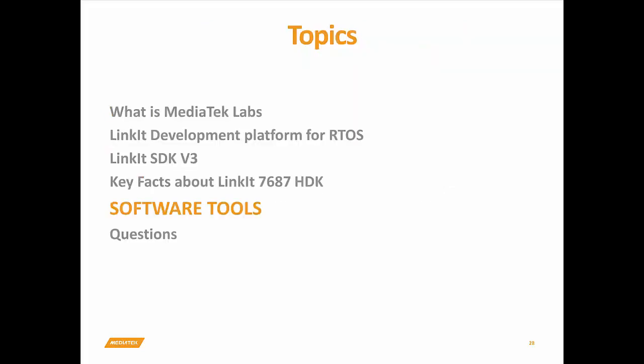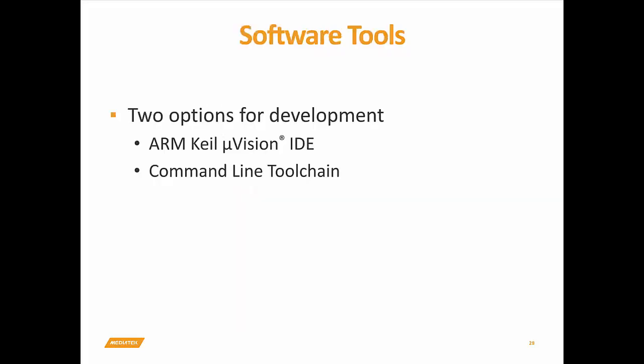Right. So let's see what kind of software you could use to program your HDK to create your project. We have two options for development. The first is ARM. We have a plugin for the ARM Keil MicroVision IDE. We are aware that not everybody uses this IDE, so we also offer a free command line tool chain.